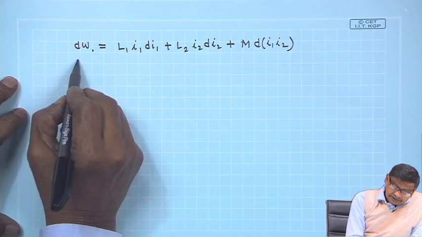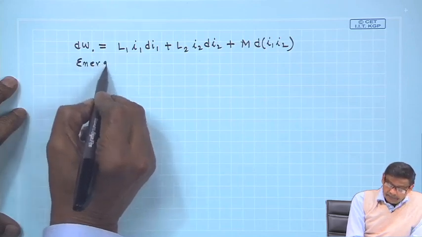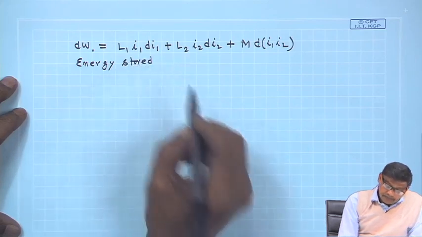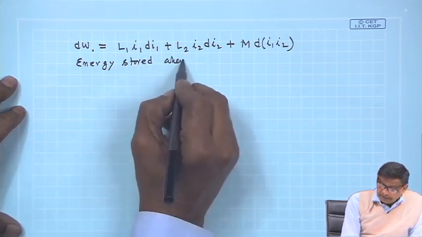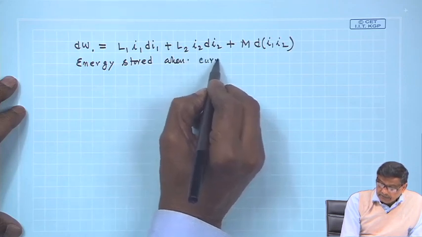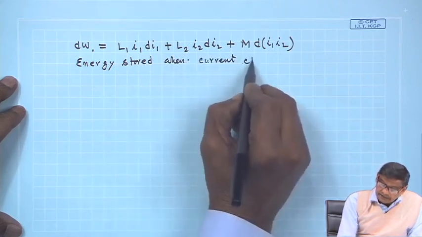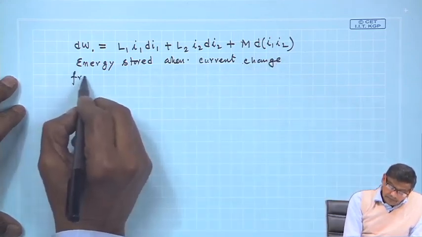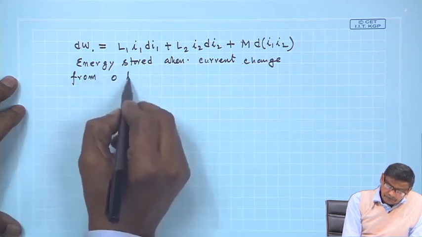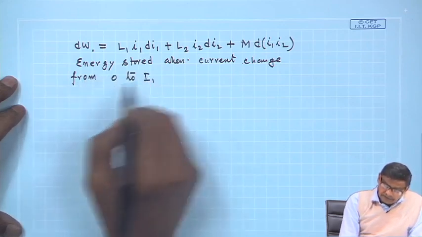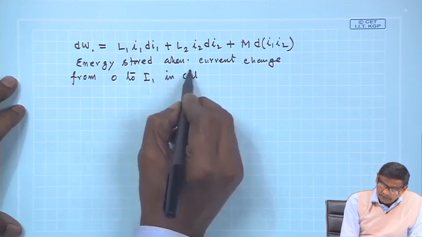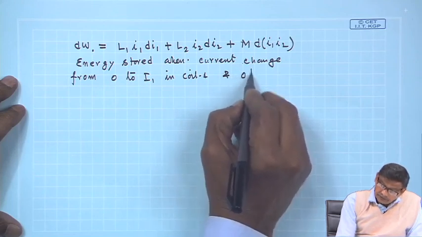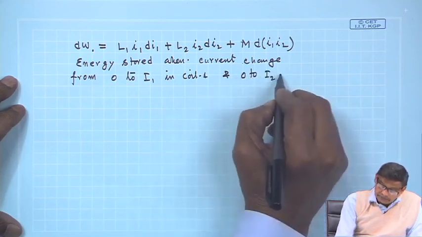So, energy supplied, energy stored when current changes from 0 to some current, say I1 in coil 1 and 0 to I2 in coil 2.